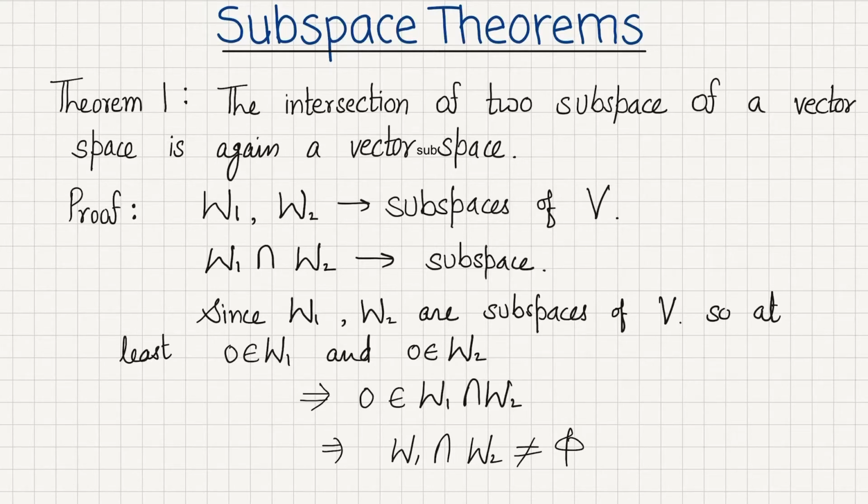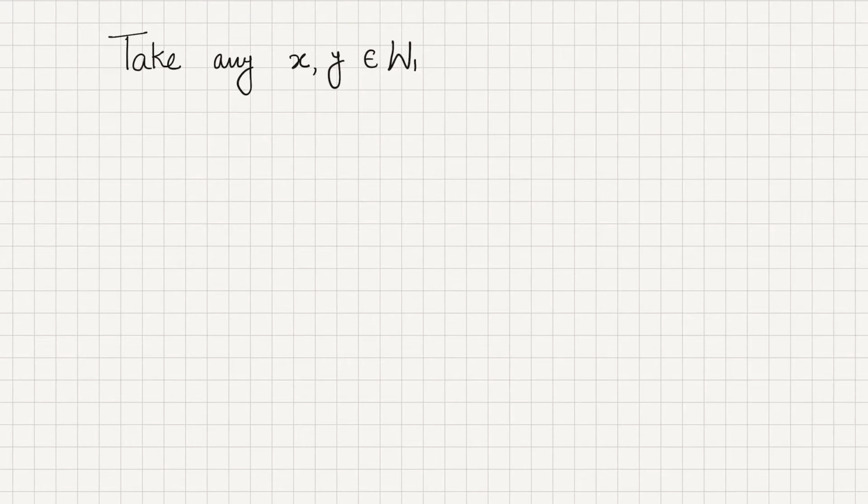Now we will see that this W1 intersection W2 is closed with respect to addition and scalar multiplication. So take any two elements in W1 intersection W2. They are in the intersection, so these elements will be in W1 and W2.